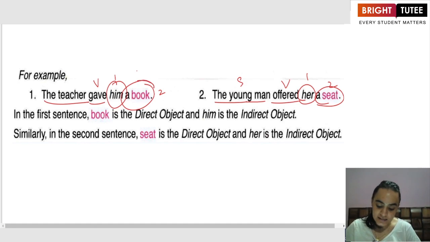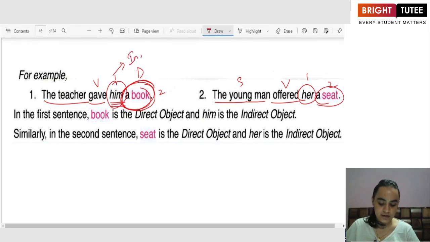What is the name which is given in this sentence? A book. So this is the direct object. Indirect object refers to the person to whom something is done, or we can say the receiver of something in that sentence. Who is receiving the book over here? Him. So that is the indirect object.